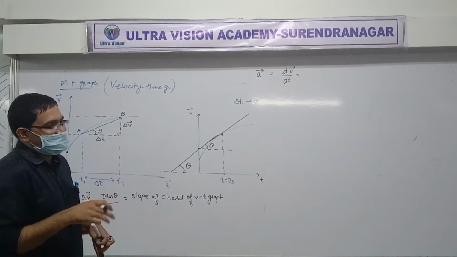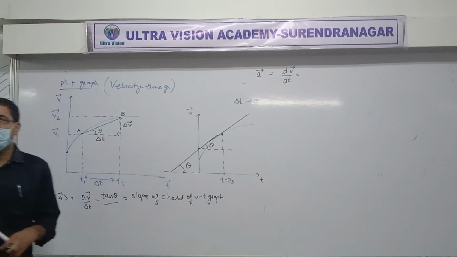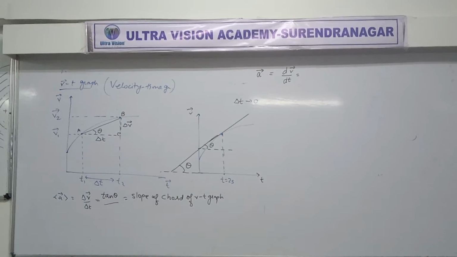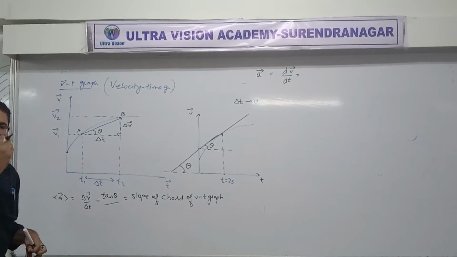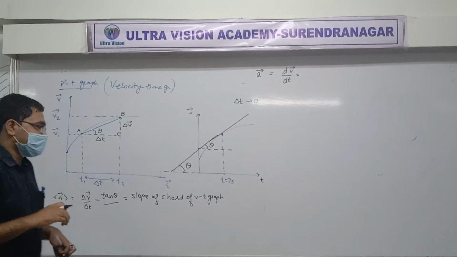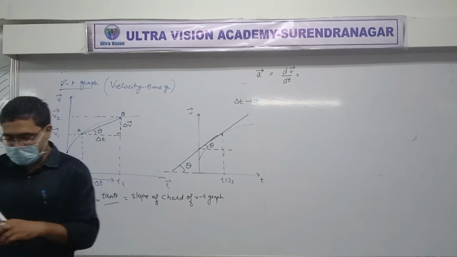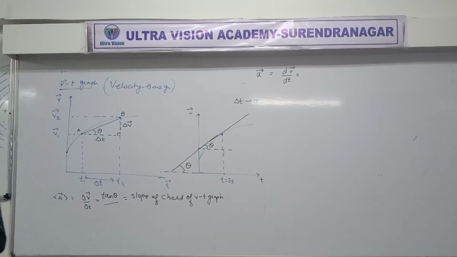A vector equal to dv vector by dt equal to tan theta equal to the slope of the tangent of the VT graph. Okay, completed. Slope of tangent of VT graph. So remember that.